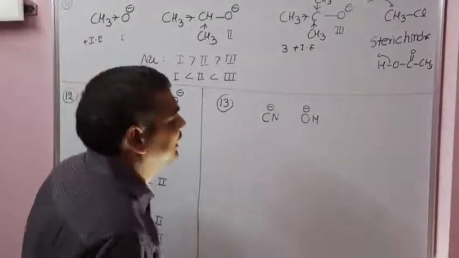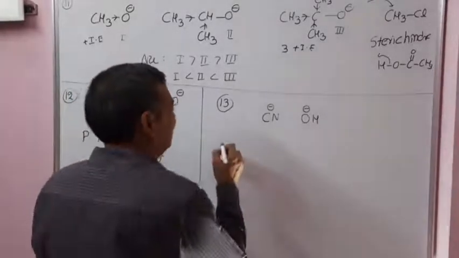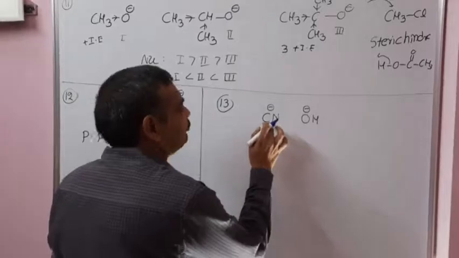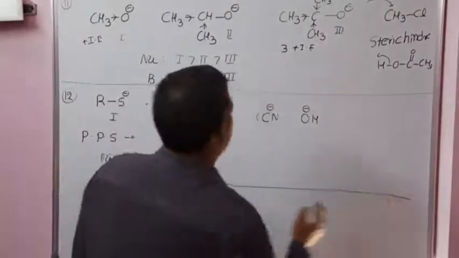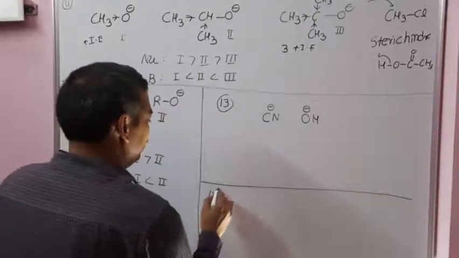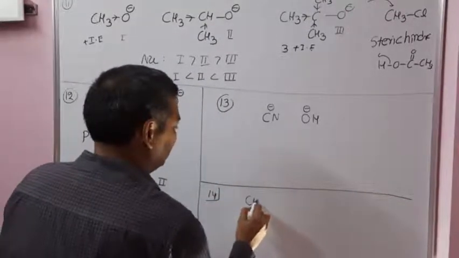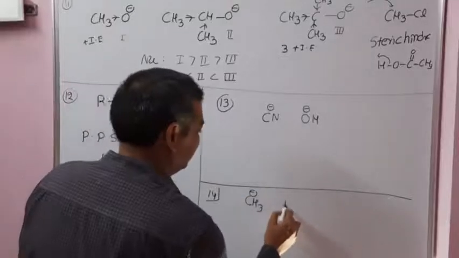Coming to CN minus and OH minus, what is the basicity order? Suppose it is CH3 minus, that is different. I will take one more example. For example, the 14th example, CH3 minus and OH minus. Let me finish this one.